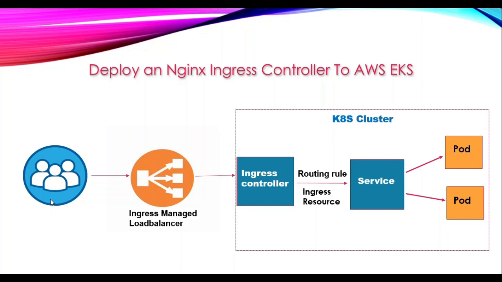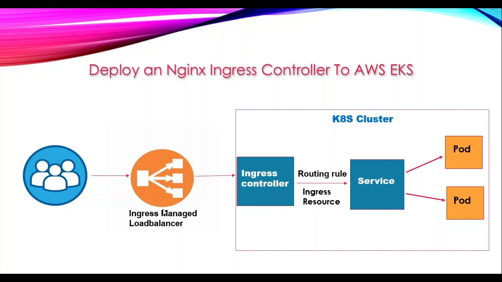When such a person or application sends a request, it will be routed to an ingress managed load balancer. And what is this all about? This load balancer will be provisioned automatically in AWS, because we'll be deploying an ingress controller in our Kubernetes cluster.